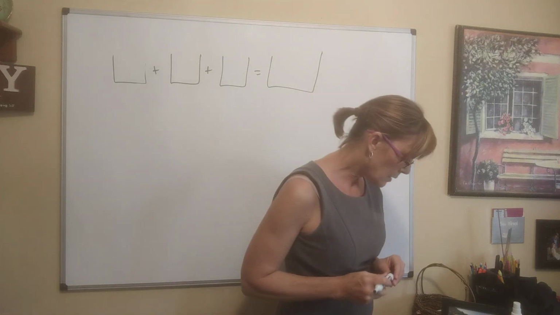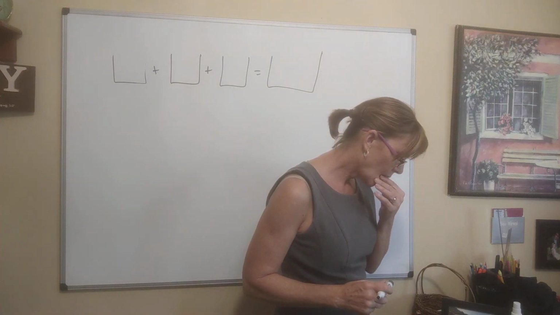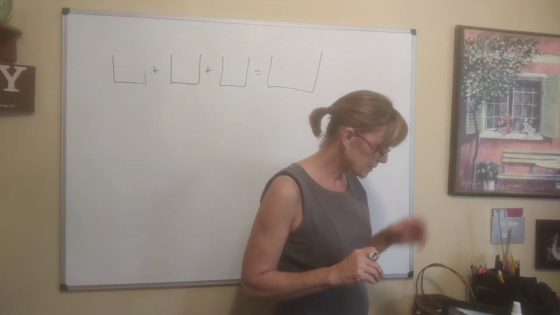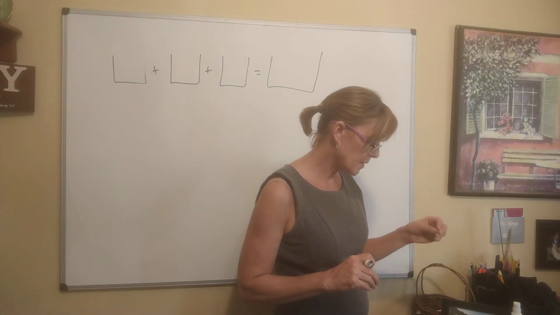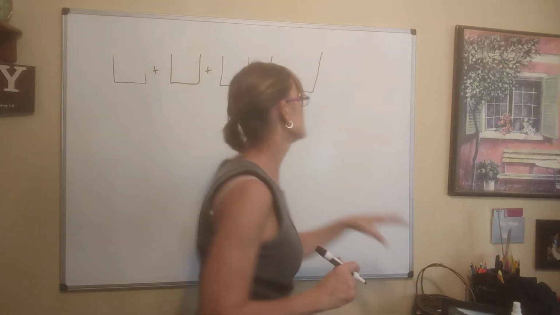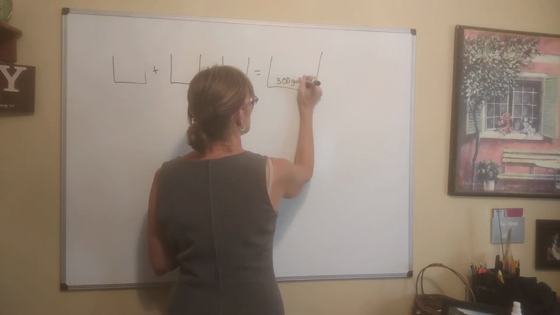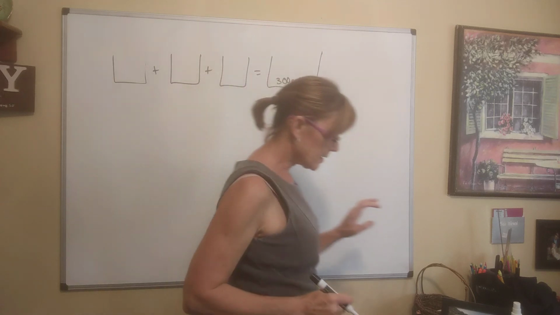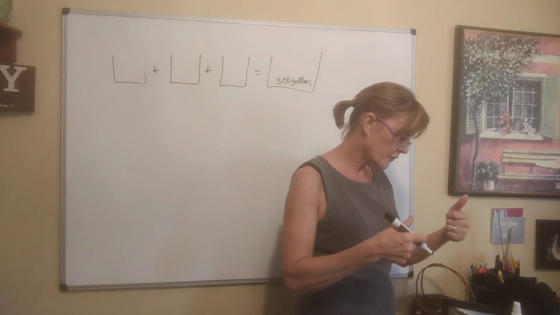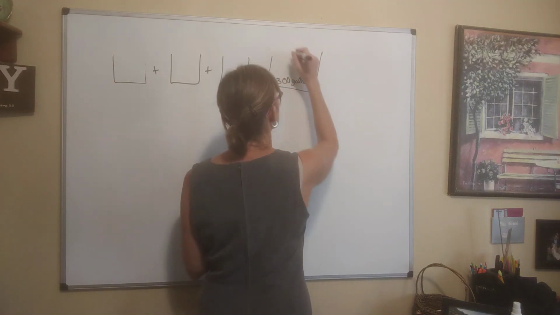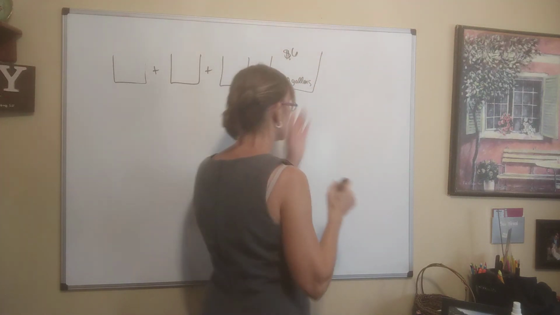When I read the problem, how much does she want to make? It says the sparkling water distributor wants to make 300 gallons. This is how much I want to have at the end. 300 gallons. Okay, and then it says how much is it supposed to sell for? My product at the end after I do the mixture is supposed to sell for $6 per gallon. So this is the price of the final product.